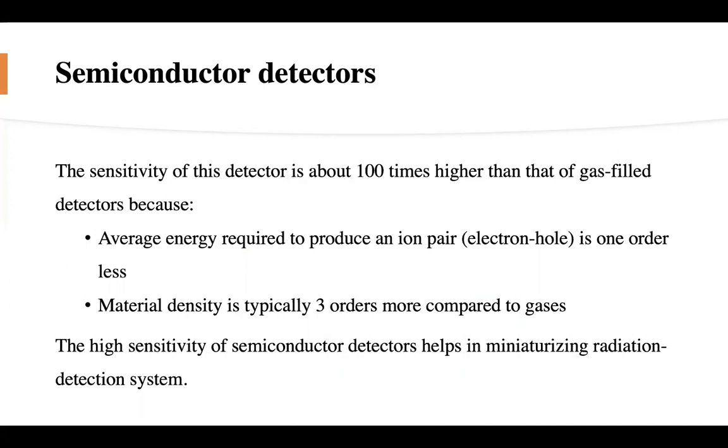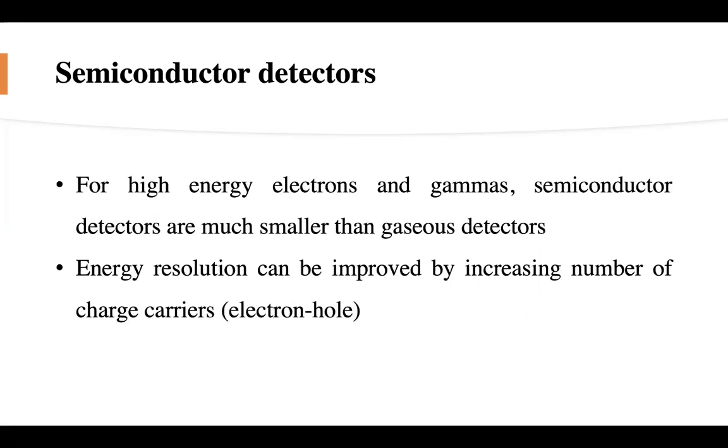The high sensitivity of semiconductors helps to produce this kind of detector in a small footprint. So the semiconductor is very, very small. This is one of the advantages of using high density material to manufacture detectors.